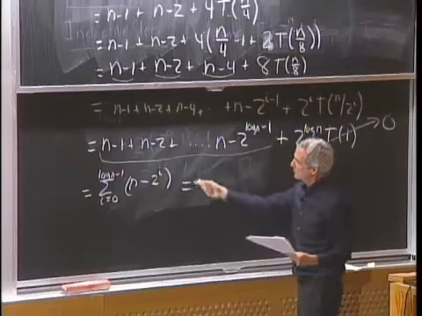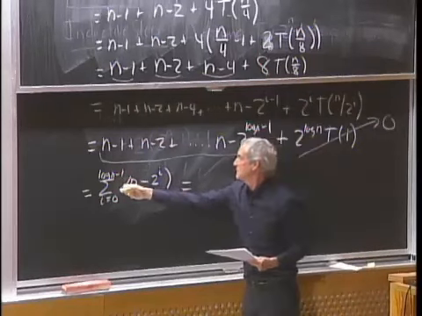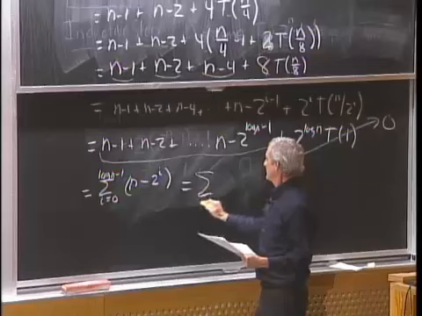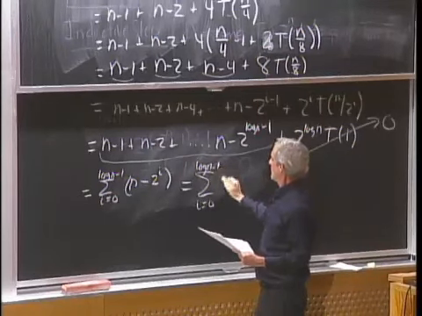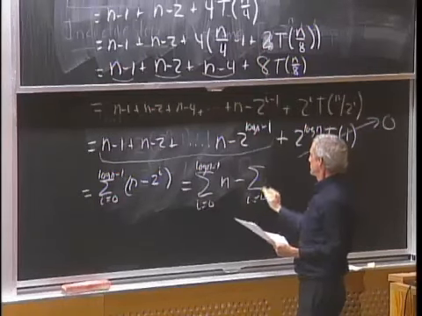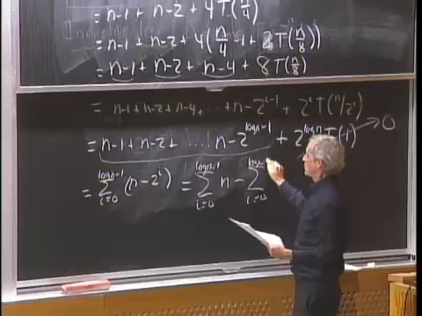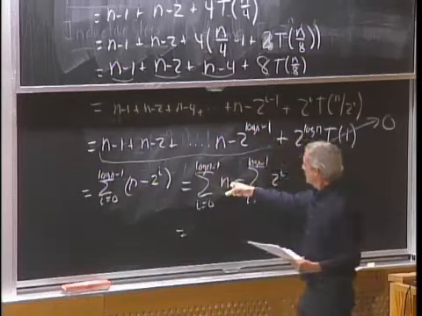All right, and this will be good practice maybe to get towards the test. Well, I can split that sum up: the sum i equals 0 to log n minus 1 of n, minus the sum i equals 0 to log n minus 1 of 2^i. Well, this is easy.